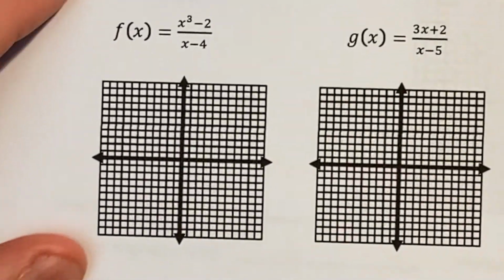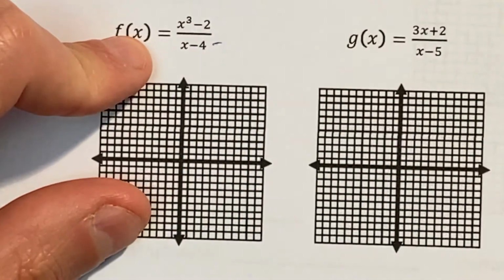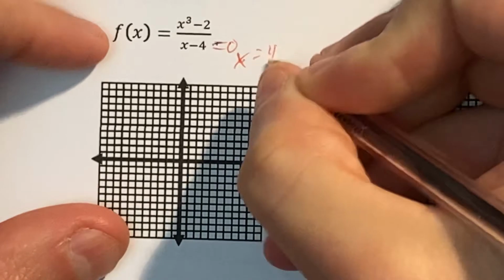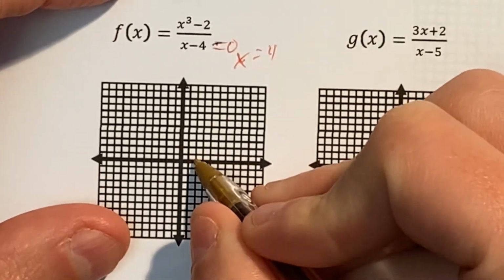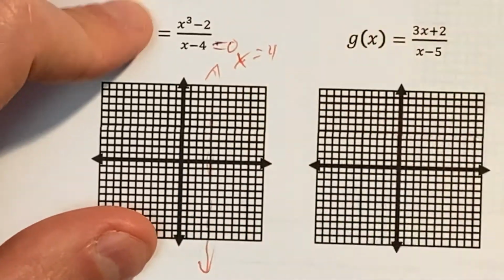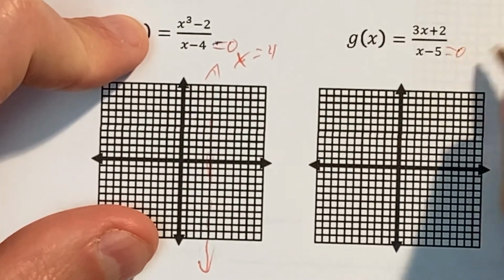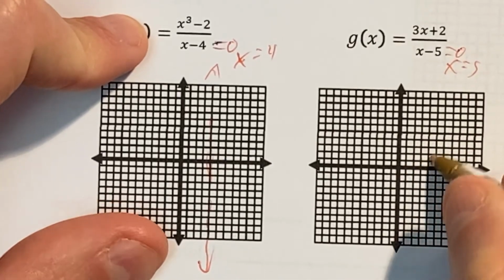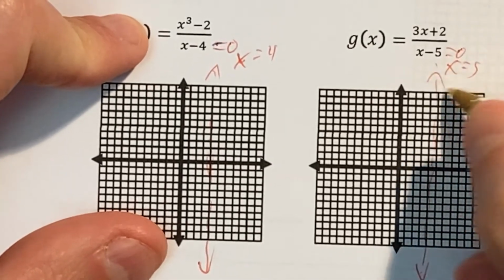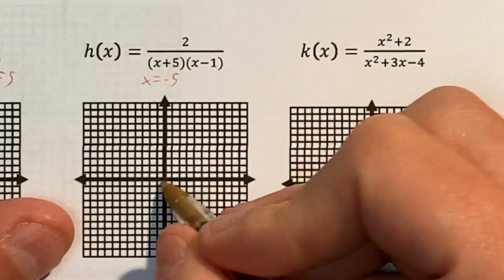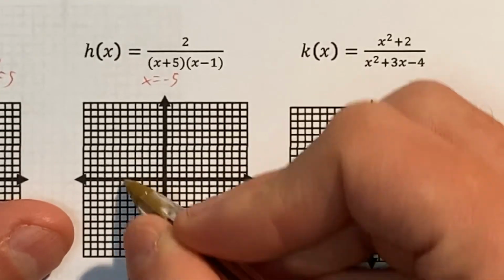So here, if you make the bottom equal to 0, you get x equals 4. So 1, 2, 3, 4. We're going to draw a vertical line, dotted. Here we would get 5. So 1, 2, 3, 4, 5. Here I would get x equals negative 5. So 1, 2, 3, 4, 5.